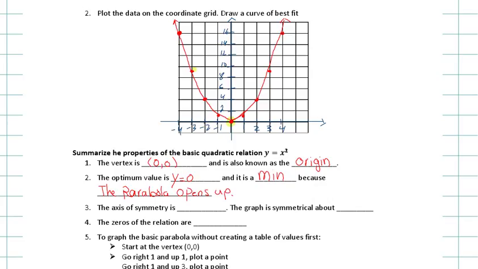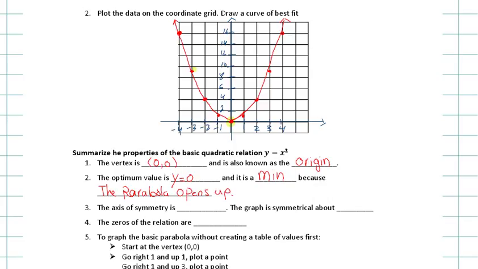Now, we know that the optimal value is 0. What's your axis of symmetry? Is it 0? It is.